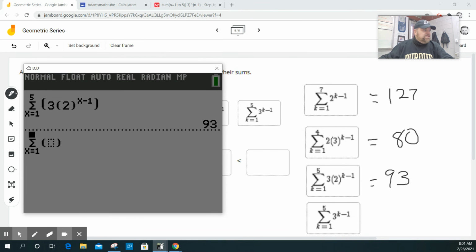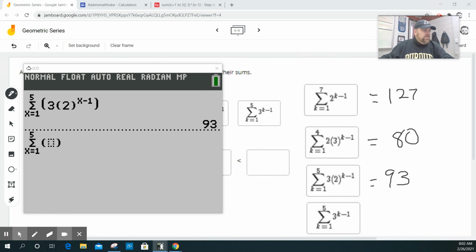Our upper boundary is 5, our common ratio is 3, and we raise that to the x minus 1. And it is 121. So over here, I'm just going to label this as 121.